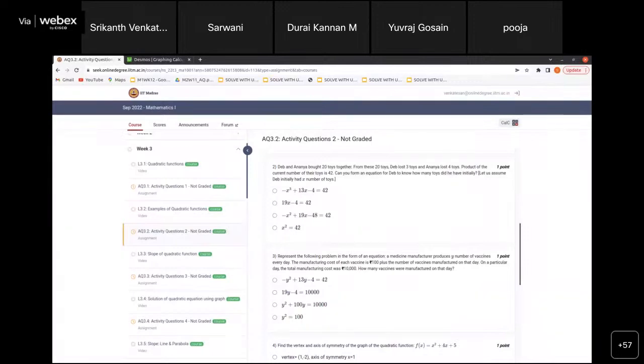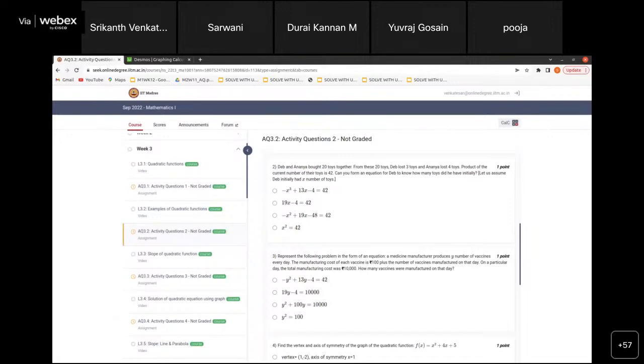Now the information we gave is the product of the current number of their toys is 42. So you might be left with some toys, and your friend might be left with some toys. If you have 7 toys and your friend has 6 toys, the product 7 times 6 is 42.